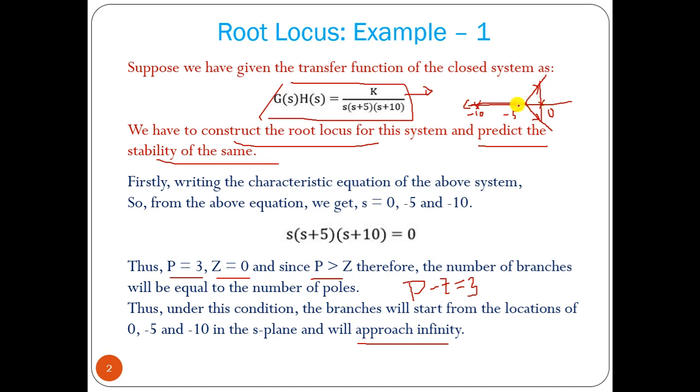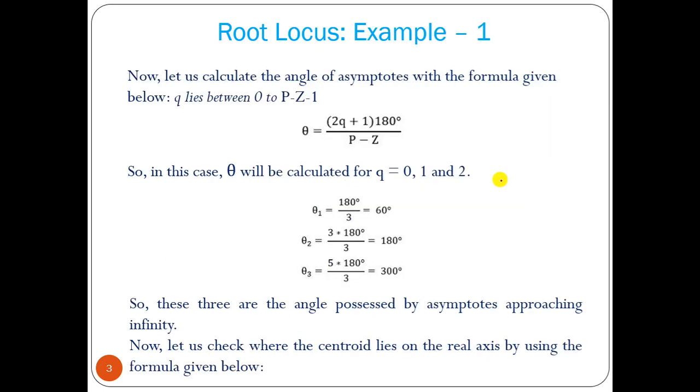And there must be a breakaway point, and your root locus will look like this. So now you have to find the angle of the asymptotes, and a centroid where those asymptotes intersect the real axis.